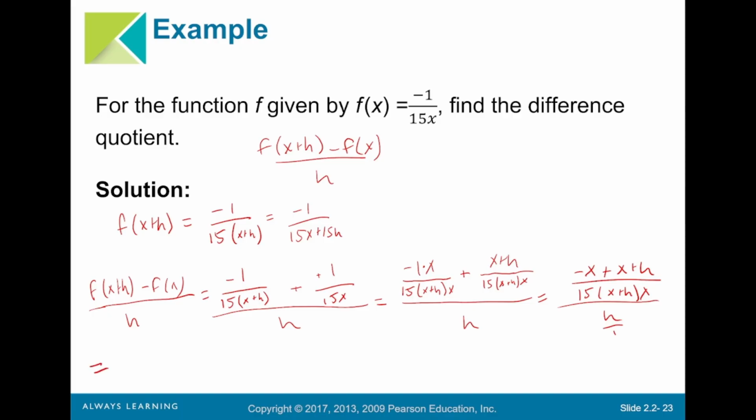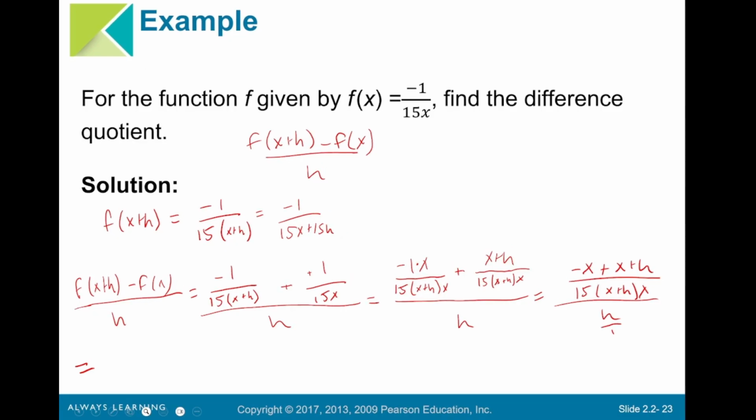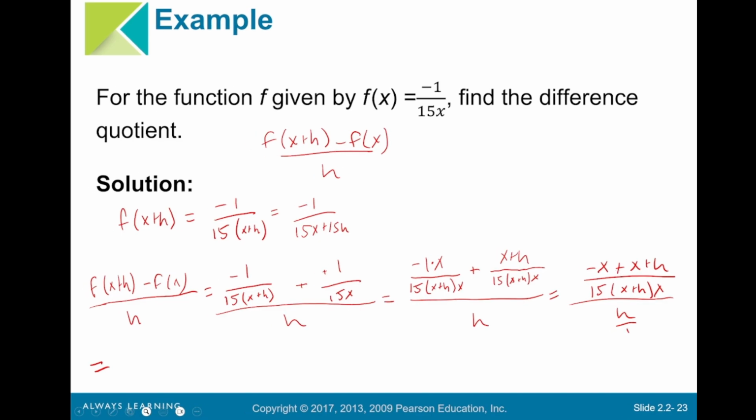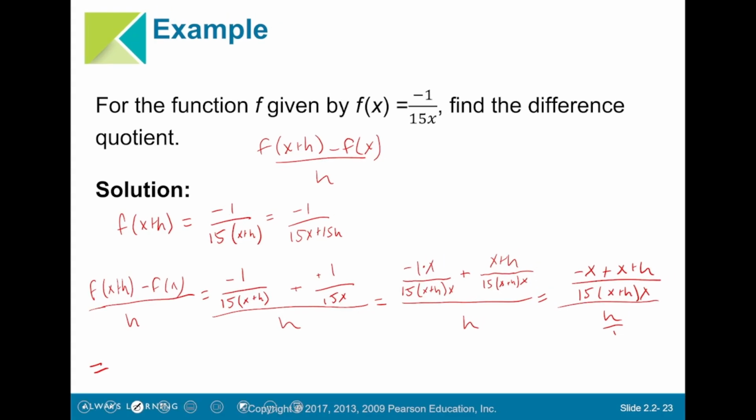Okay, so now let's think for a second, make our lives easier. We have a negative x, and we have a positive x. We have a negative x, and we have a positive x. So we just have an h left, and then we have a 15 times x plus h times x.